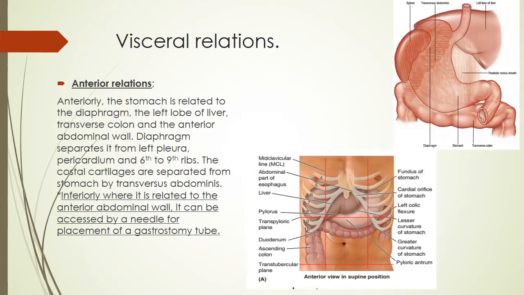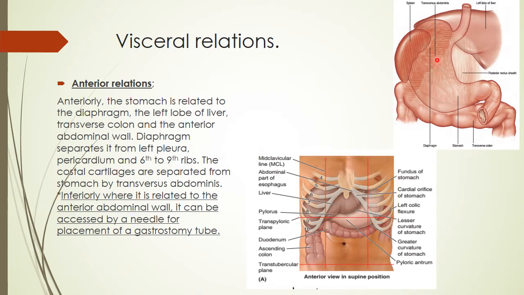Now visceral relations. As the stomach has two surfaces, anterior and posterior, both are related to structures. Anteriorly the stomach is related to the diaphragm, the left lobe of liver, transverse colon, and anterior abdominal wall.